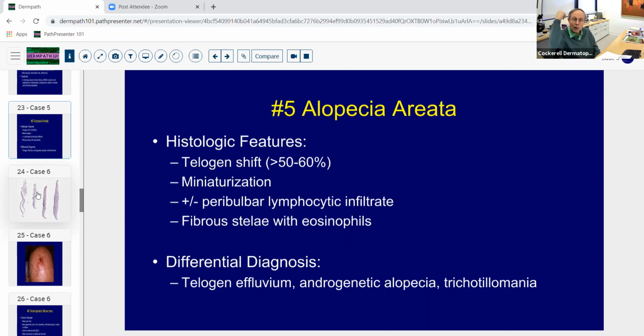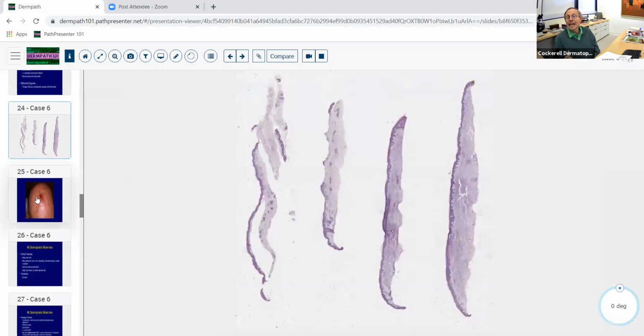They want to test it all the time. So they actually get a secondary trichotillomania on top of their alopecia areata. So it's not just trichotillomania alone. You don't want to misclassify a patient that's got AA and just say they've got trichotillomania when they really don't.